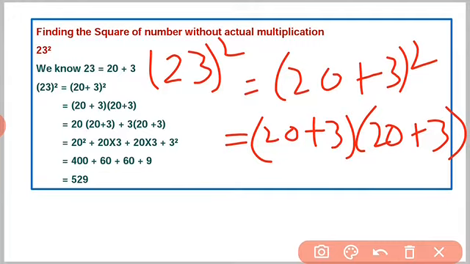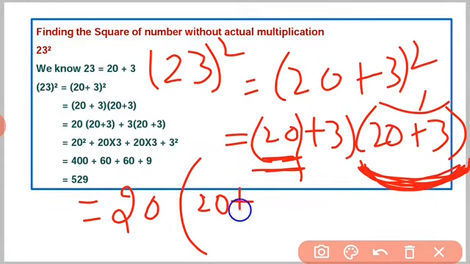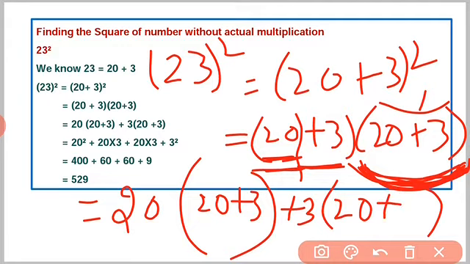Now we will keep this bracket as it is, and separate the other one. Take 20 of this bracket, then multiply it with the second bracket, 20 plus 3. Now take the second part of this bracket, that is plus 3, and multiply it with the whole second bracket, 20 plus 3.